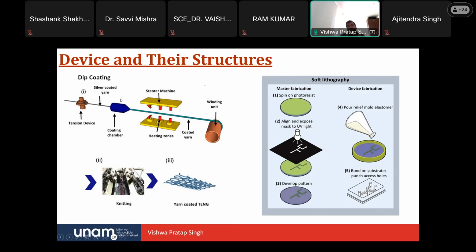This coating chamber is filled with the polymer, and they move this yarn through this polymer filled chamber, and the polymer is coated over this yarn, and the inside part is the electrode. So this silver coated yarn becomes the electrode, and over it you are putting the polymer using this coating chamber.